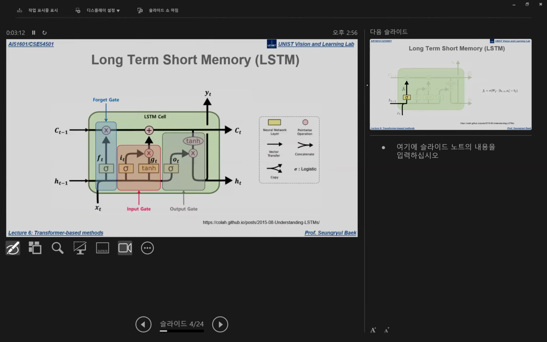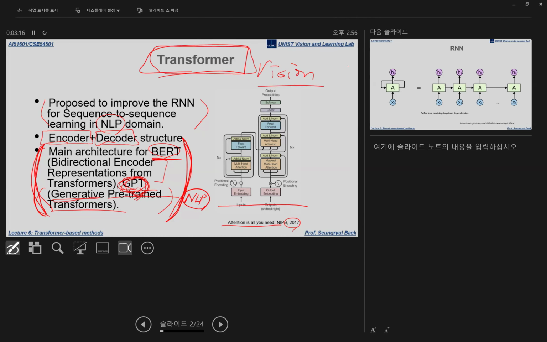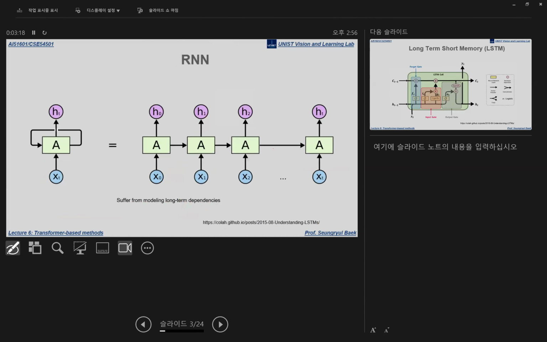When trying to understand the transformer, you first have to understand what types of neural networks have been used for NLP domains.